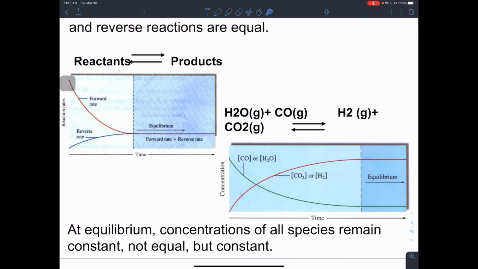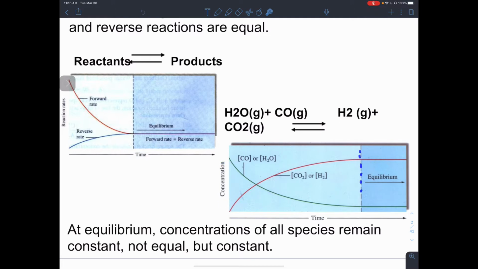So if we take a look here at a graph of concentration over the course of a reaction, we can see that we start out with a large amount of reactants, no products at all, and over the course of time, the amount of reactants should decrease in some fashion, and the amount of products should increase in some fashion, and the two rates become the same, not the concentrations, not the amounts.